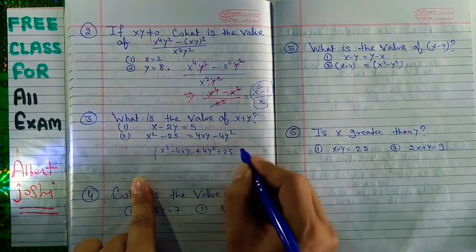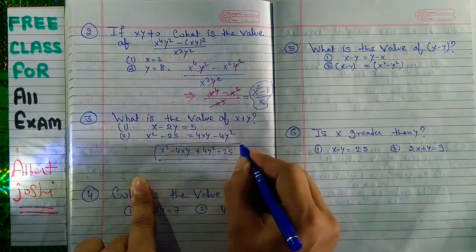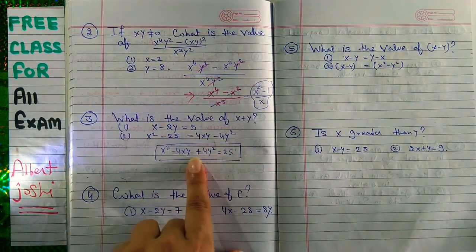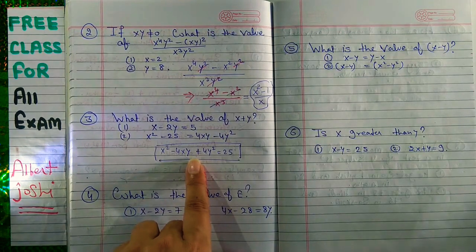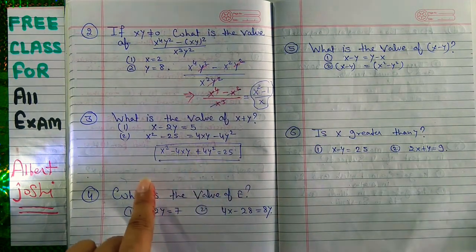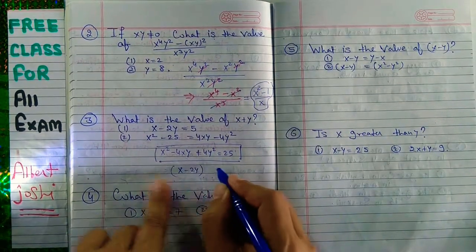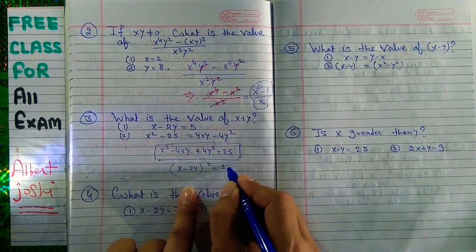We write the equation in this form, and if you reduce it, you will get x minus 2y whole square is equal to 25.